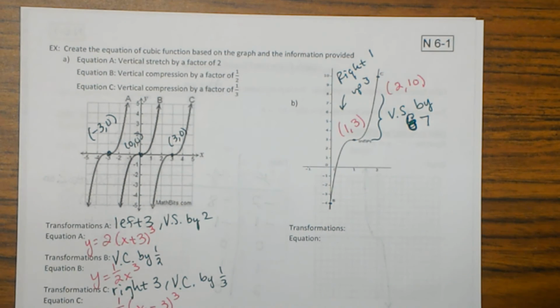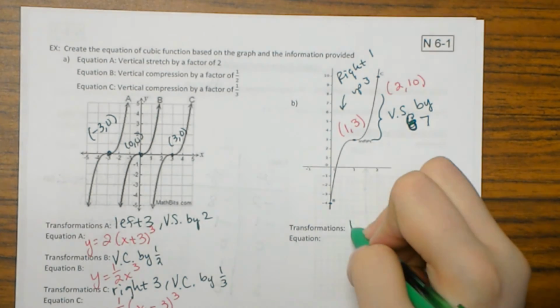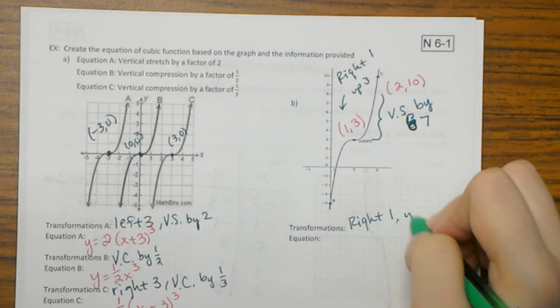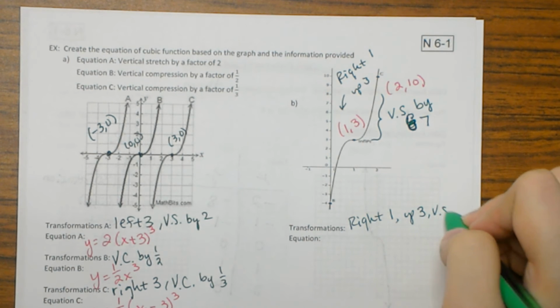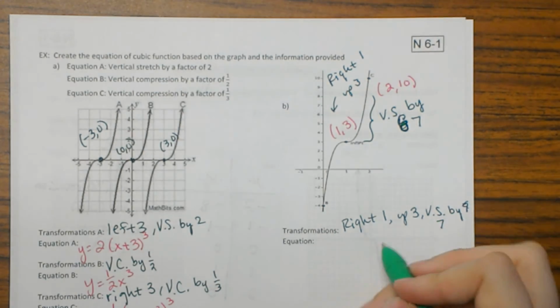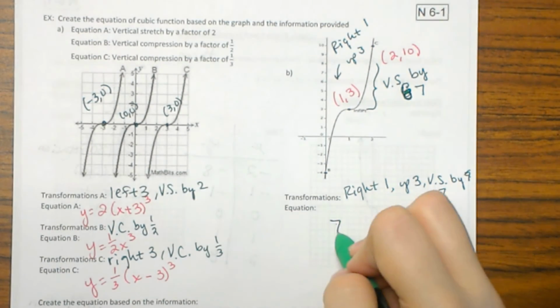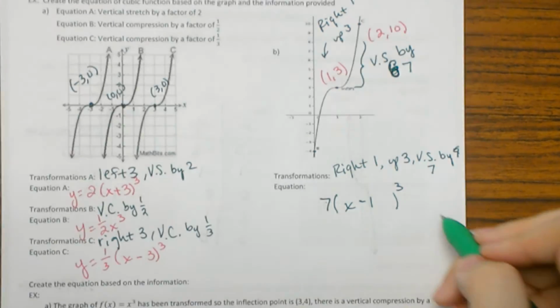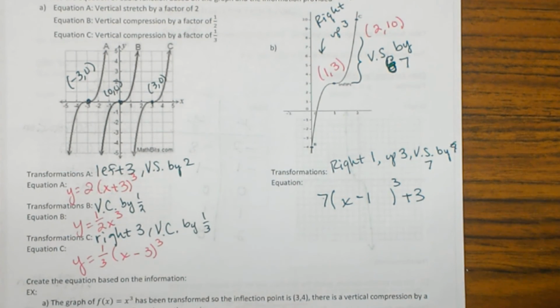So I have 3 transformations. Right 1, up 3, and VS by 7. So my equation, 7 times x minus 1 plus 3.